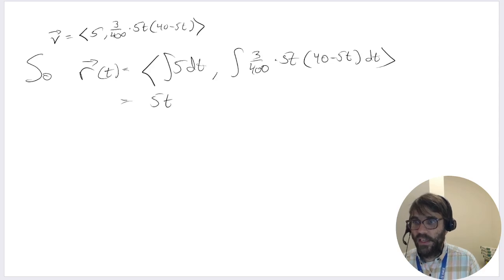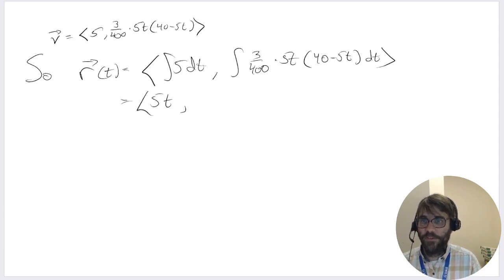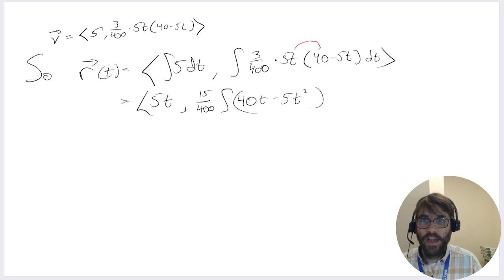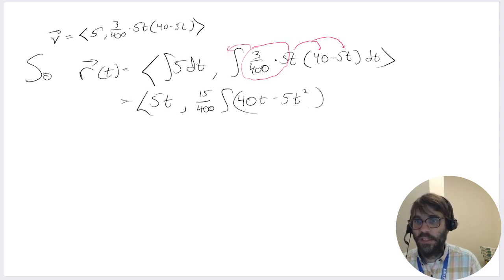And we can do these integrals relatively easily, especially if you pull out this 15 over 400 and you distribute the t. We're going to get a 40t minus 5t squared. What I've done here is I've multiplied the t into here. I've taken all the rest that's a constant and I've dragged it outside of the integral. I still have a dt.